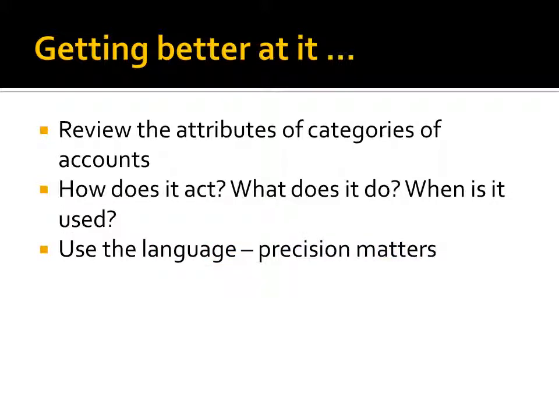And then it's very important that you use the language. There's a lot of language in accounting and words that are used that have other meanings in common language but have specific meanings in accounting. And in accounting, precision matters. The words mean specific things. So, for example, revenue and income are not the same thing in accounting.